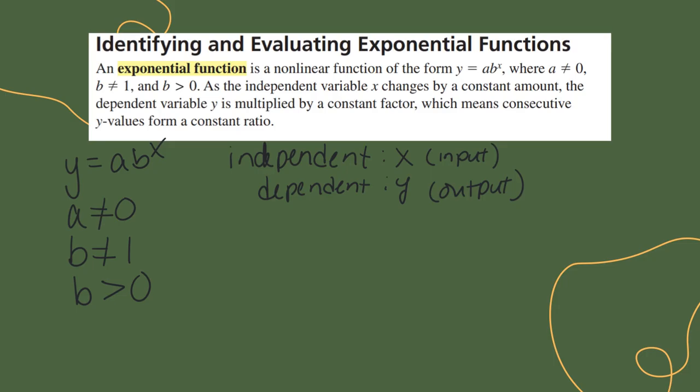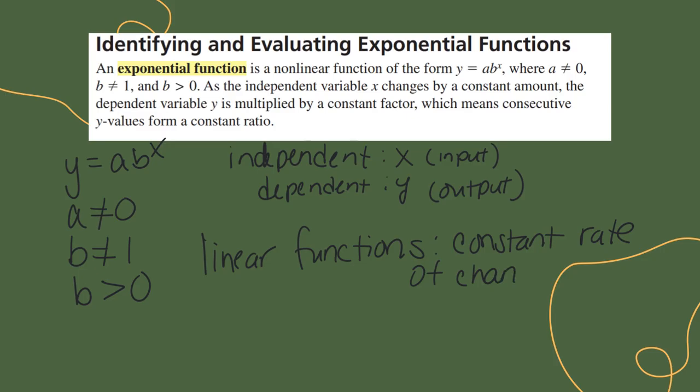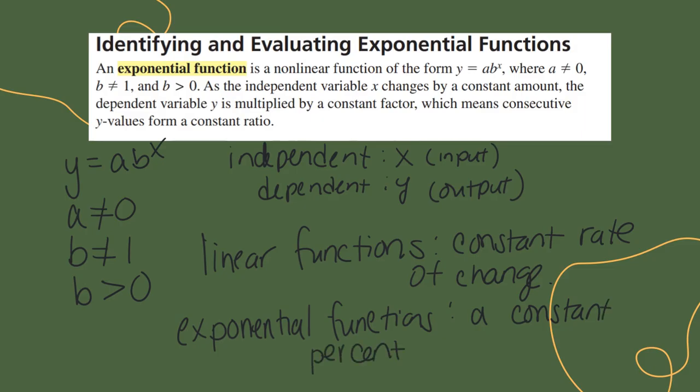output. In the previous lesson, we learned about linear functions. So if you remember, linear functions have a constant rate of change, whereas now we have exponential functions, which have a constant percent rate of change.